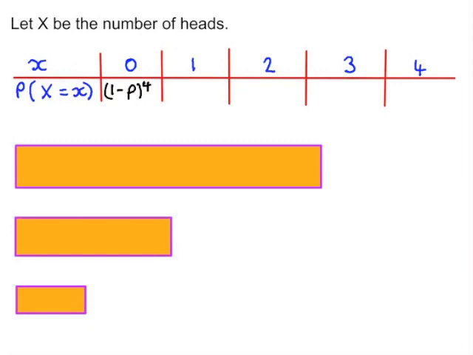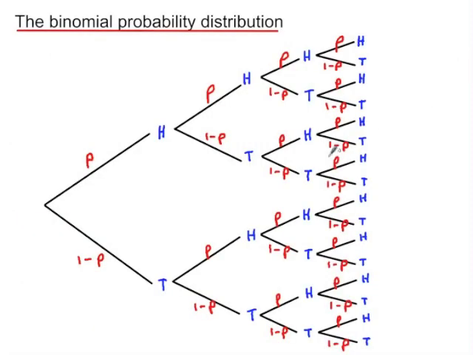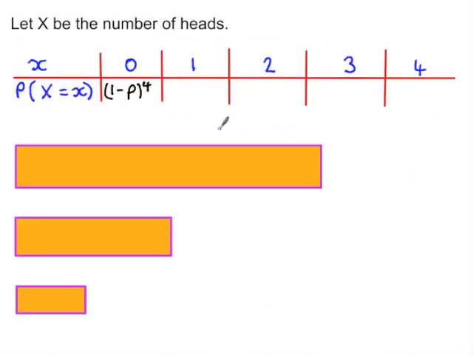And the probability of throwing 1 head is p times (1 minus p) cubed, but there are still 4 ways of doing this. So it could be p, 1 minus p, 1 minus p, 1 minus p, or 1 minus p, p, 1 minus p, 1 minus p. But the combination still consists of p and (1 minus p) cubed, and there are 4 of those.